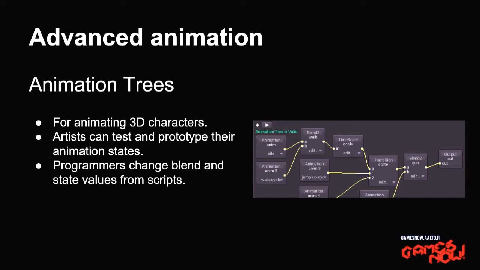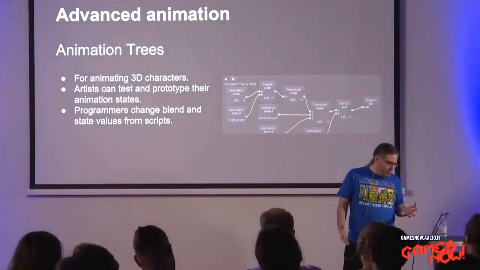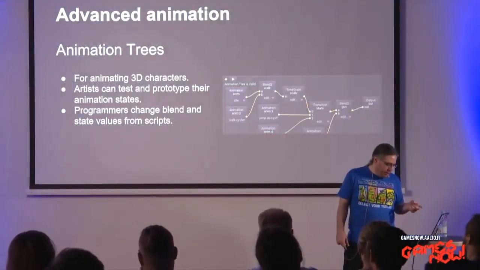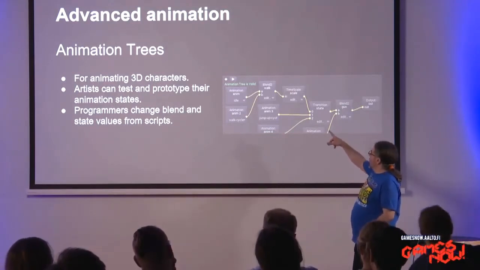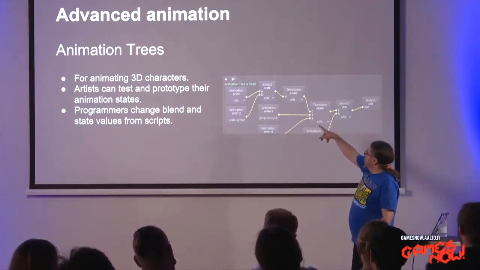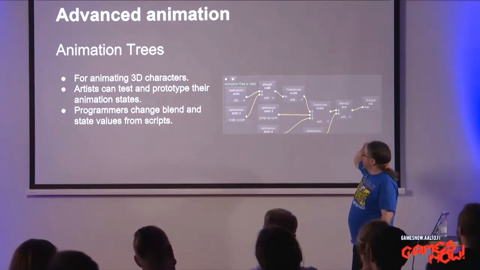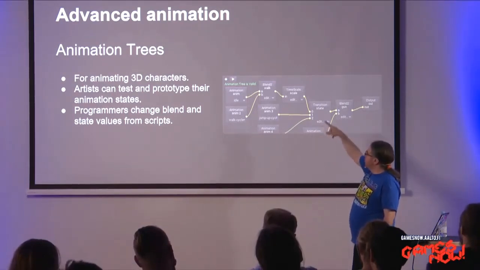or stuff like that. So here we have an animation tree, and this is similar to what you see in other engines, but basically you connect all of these boxes, and then you have parameters, right? So here, for example, we have the idle animation and the walk cycle, and we blend them into one.